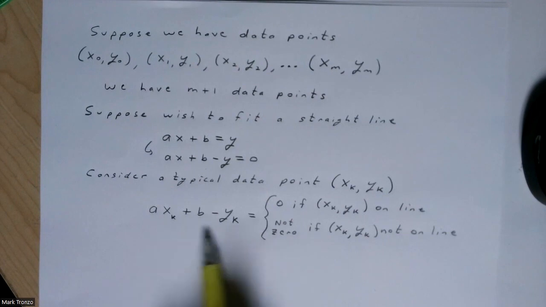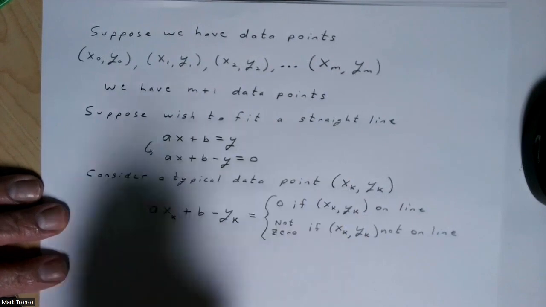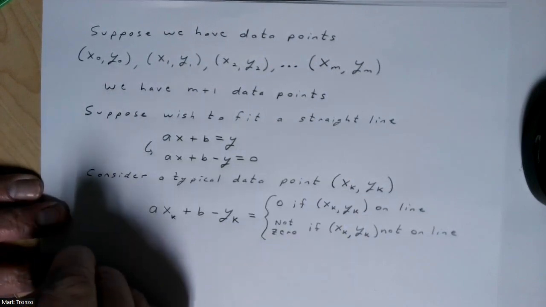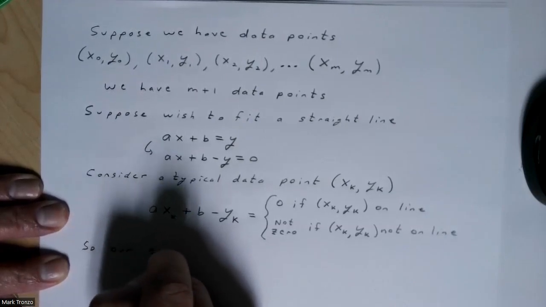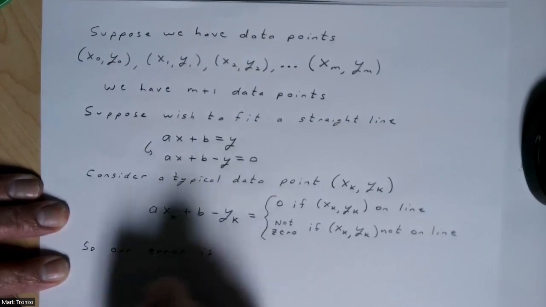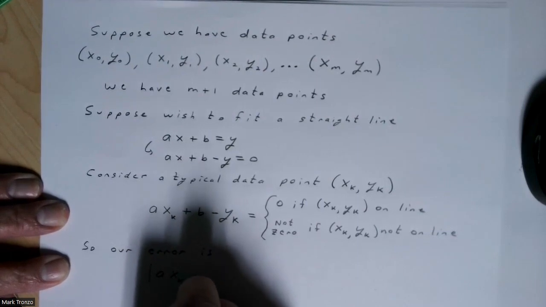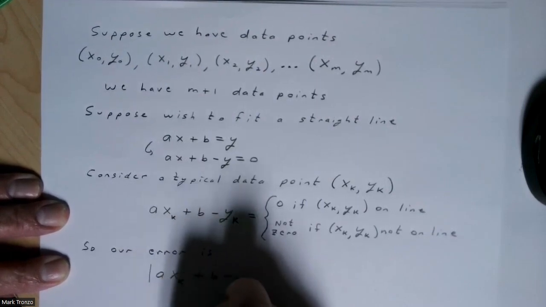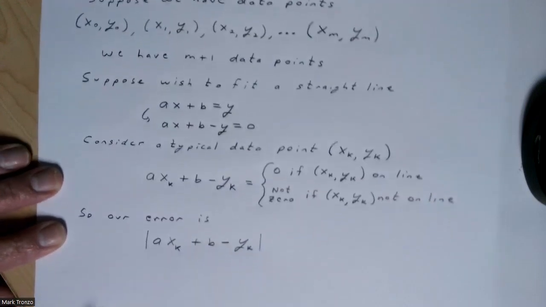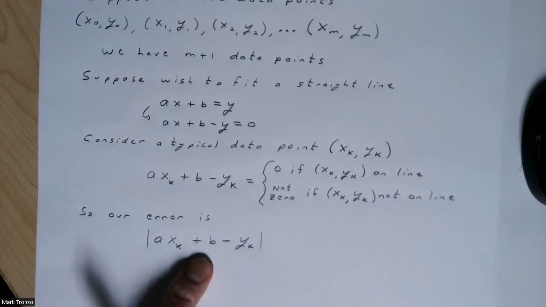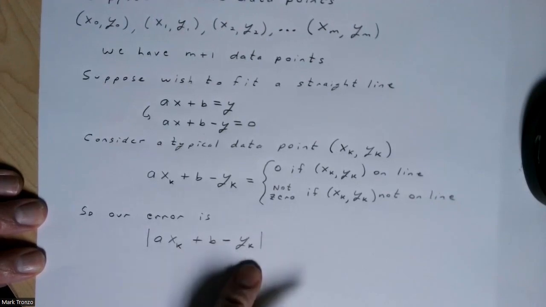So this is going to represent our error for each point. In other words, for each point that we put in. So our error is a xk plus b minus yk. And I want to put the absolute value around the error. So this represents the error right here for a given point.